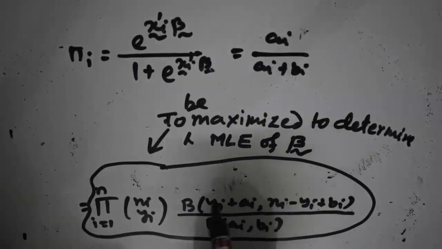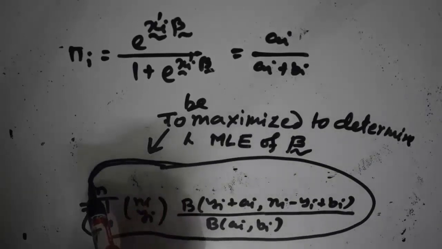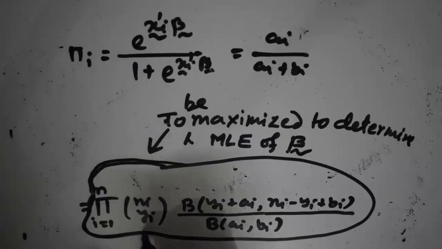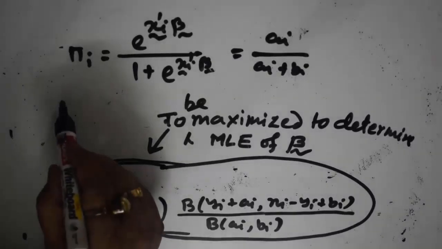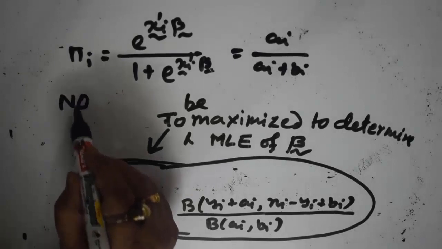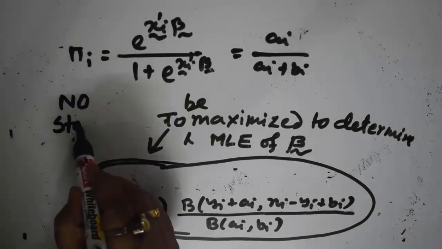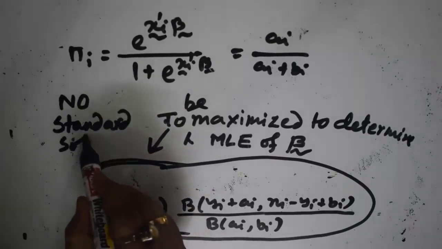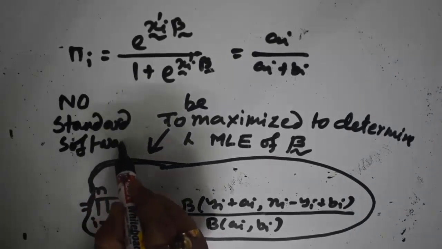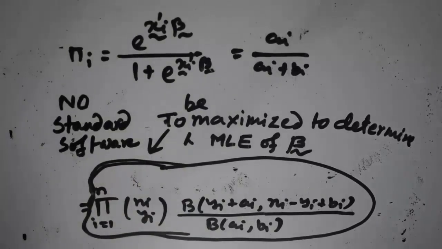So for finding the MLE of beta tilde, you need to maximize this. But the problem is that no standard software exists to solve this problem.